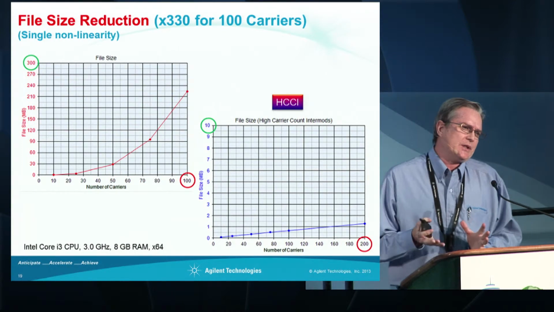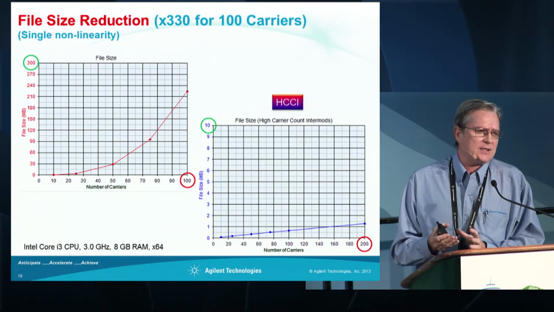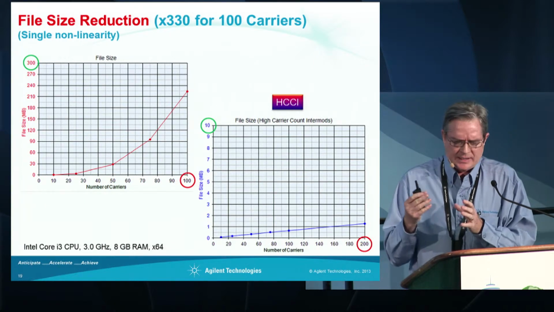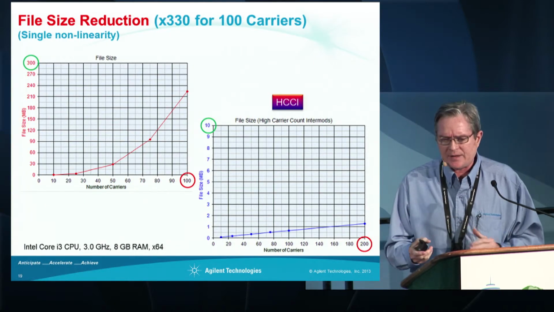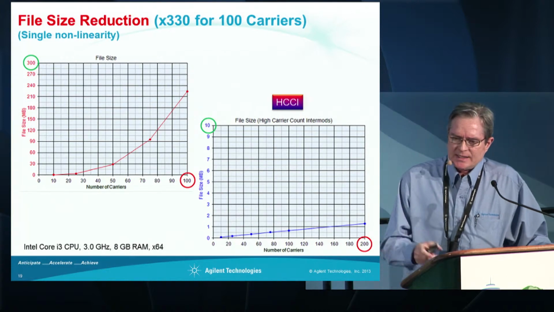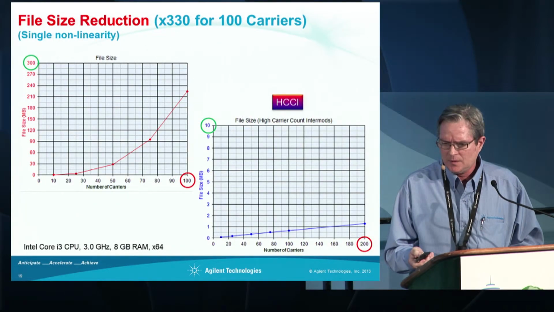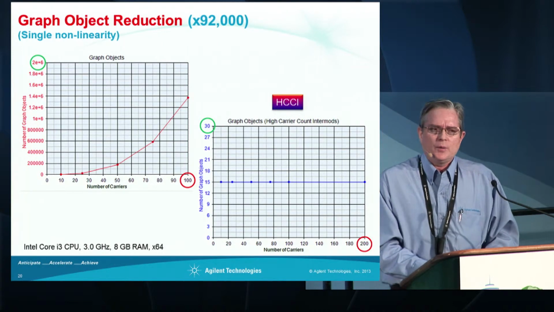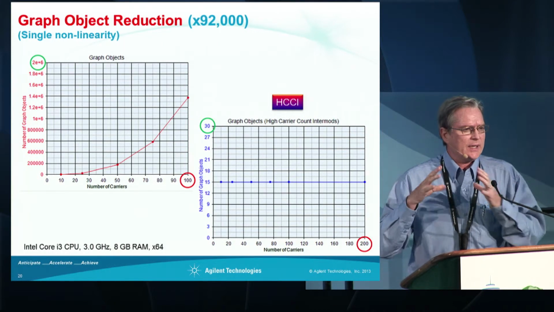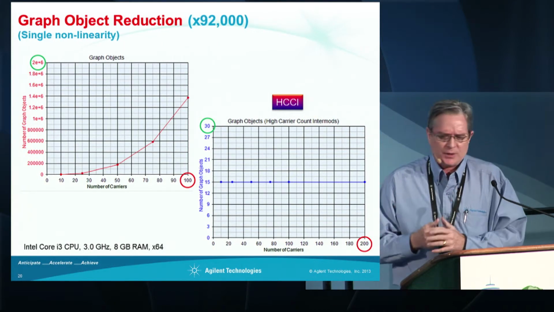Also, if we just did a study of the file analysis, where we took the simulation and saved it to disk, we see that at 100 carriers, we get a 330 times improvement in file size. So the file size is a lot smaller. Also, you have to display these intermods on a graph and manage them.